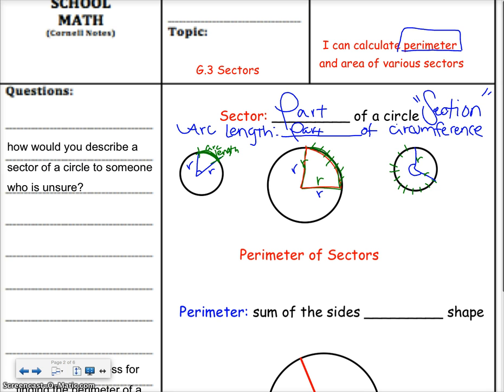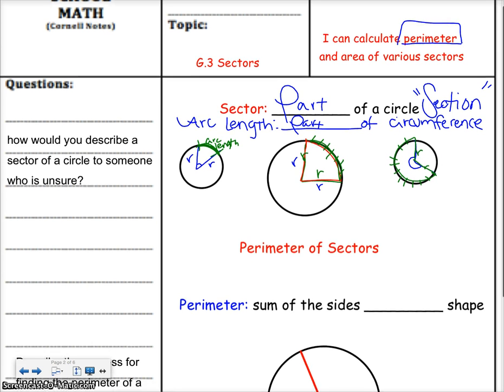So if I were to find the perimeter of this sector or section, it would be radius plus part of the circumference plus the radius, right? And that would give me the whole perimeter. Look, it looks like Pac-Man. Very messy.